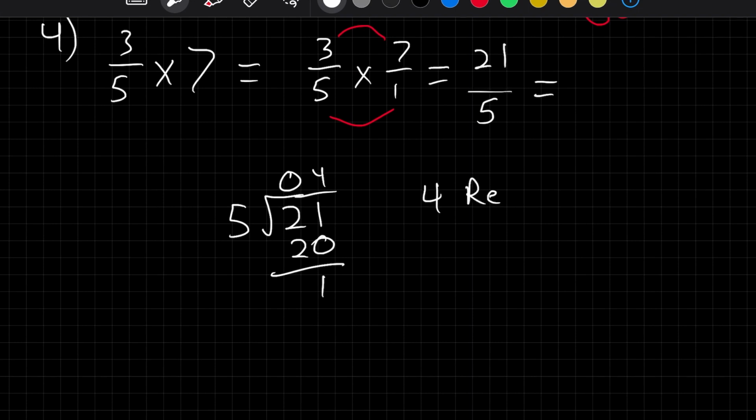And that'll leave us a remainder of 1. So the answer would be 4 with the remainder 1. Well, what we can do is write this as 4, and the remainder will be the numerator, and the denominator will be this value over here, the 5. So it'll be 4 1/5. Okay, let's keep moving.